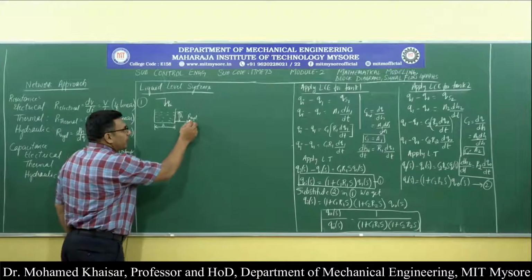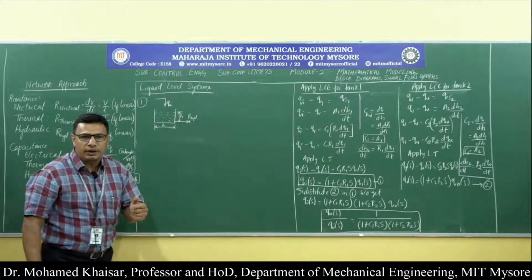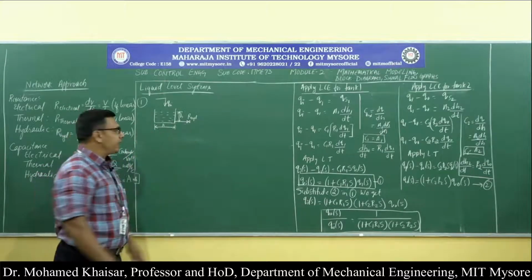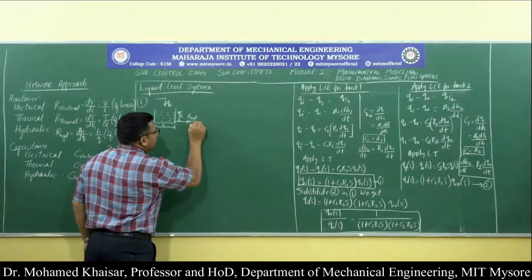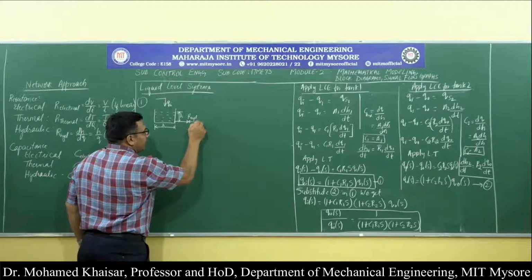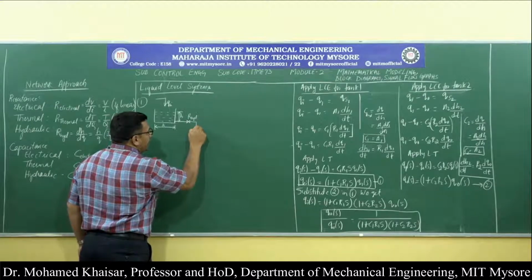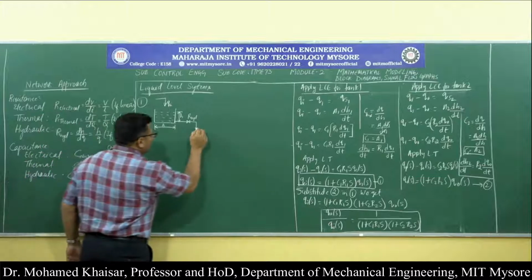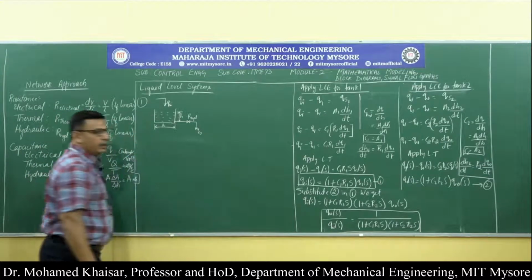We have incorporated a valve. The valve is trying to offer resistance to the flow of liquid outside the tank. Whatever the opening of the valve, it lets the liquid go out at the rate Q0.